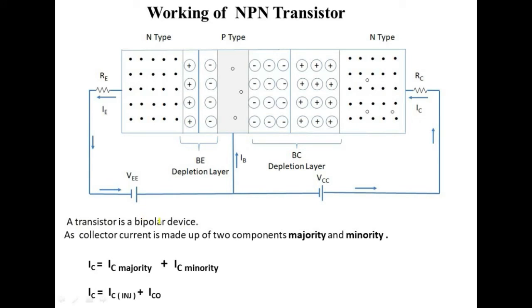A transistor is a bipolar device, as collector current is made up of two components, majority and minority, which we have already discussed in the case of PNP type. So IC equals IC majority plus IC minority, that is, IC equals IC injected plus ICO.